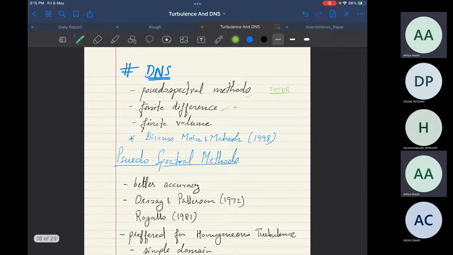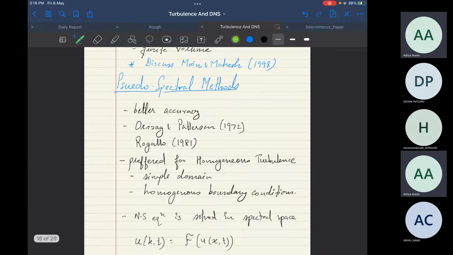So we'll start with the pseudospectral method. This method has better accuracy than finite difference methods, because for finite differences the differentiations are not as accurate as you get in spectral methods. This was pioneered by Orszag and Patterson, so this is a paper you can refer to, and it was also improved later by Rogallo.